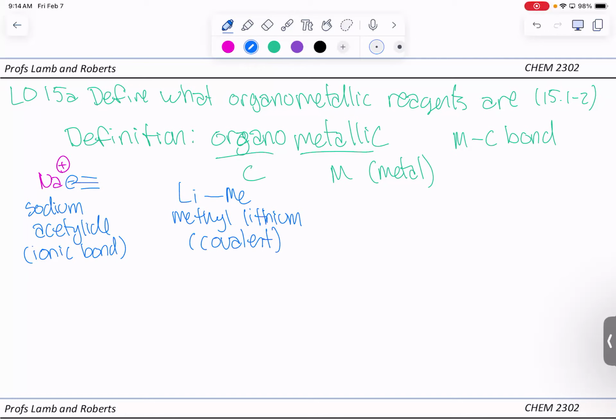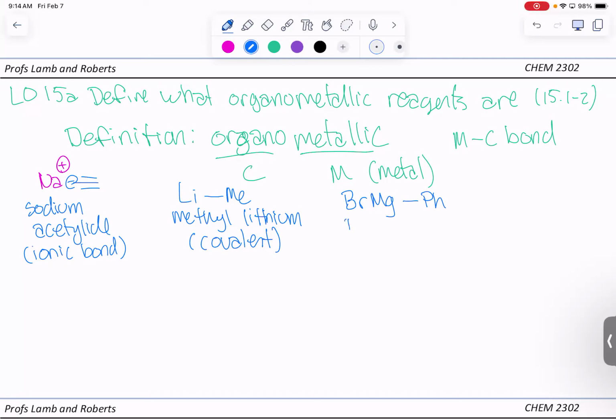All right, I said we also are going to deal with a lot of magnesium compounds. So magnesium bromide is going to be our counterion, and then we're going to bond that to a carbon-based group. So I've drawn an sp hybridized carbon, sp3, sp2. So you can see that a lot of these different types of carbon can be used.